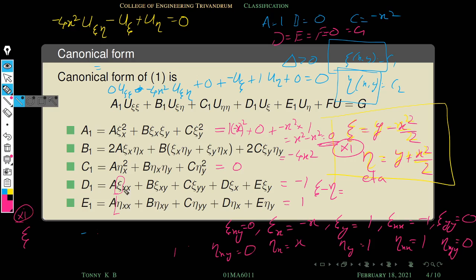So this is psi, this is eta. നമ്മൾ എഴുതുമ്പോൾ ഇങ്ങനെ എഴുതണം.